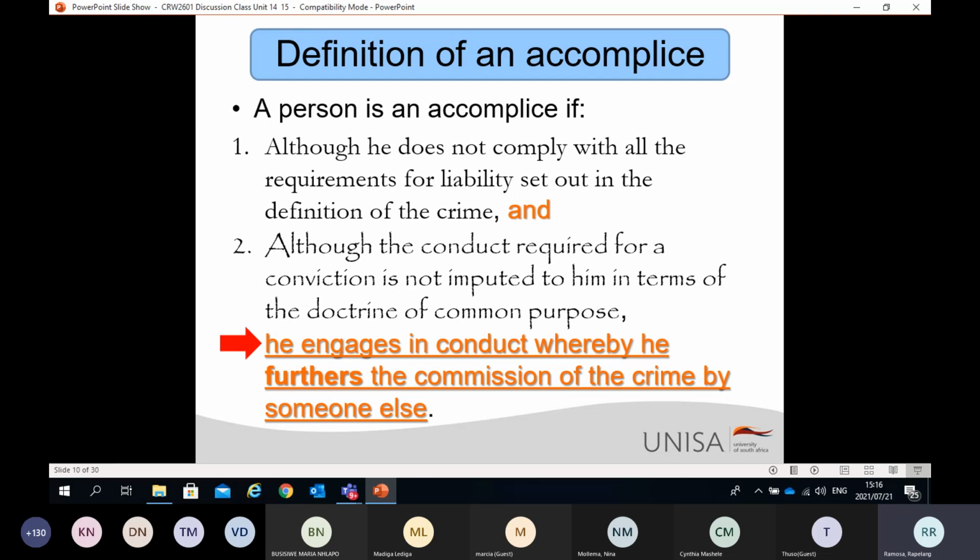The crime of rape as well, in certain circumstances, whereby there's no gang rape involved. But let's say the instance whereby one of the persons just holds the victim down to ensure that there's no resistance, whereas the other performs the act of sexual penetration.